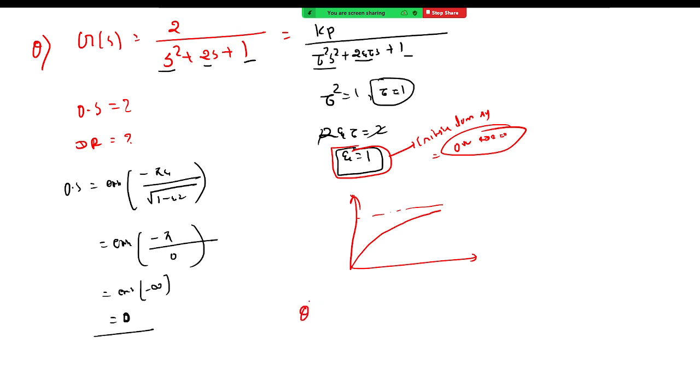Next, solve this. If I tell you G(s) is equal to 2 upon s square plus 2s plus 4, what will be the overshoot? What will be the decay ratio? What will be the value of zeta?